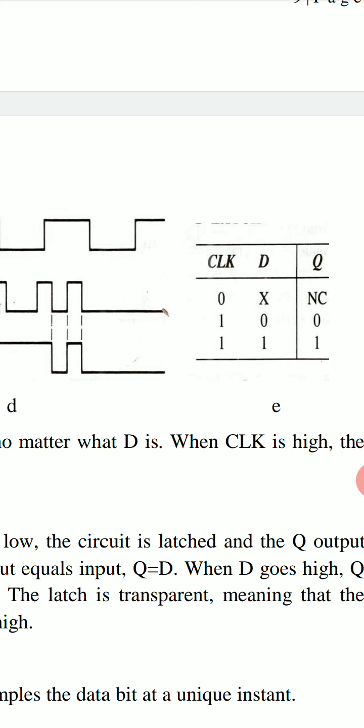And when clock is 1, then output Q is 0 if D is 0 and output Q is 1 when D is 1. So this input D controls the output only when the clock is high, and if clock is low, then the circuit remains inactive, no change.